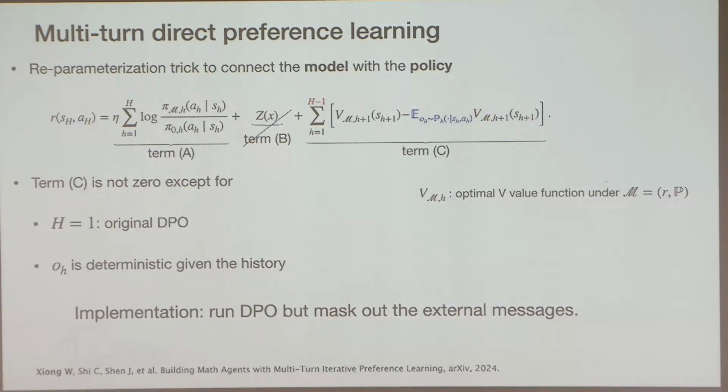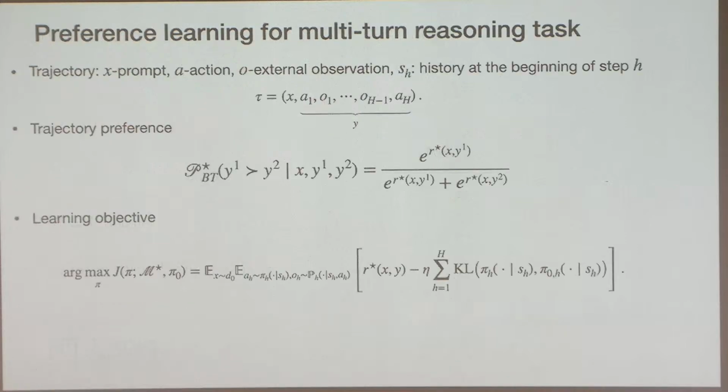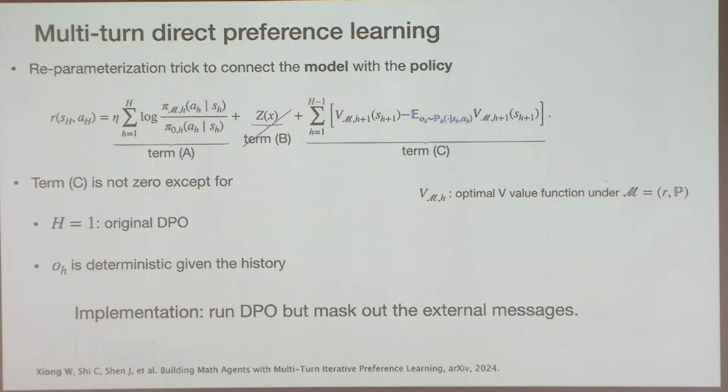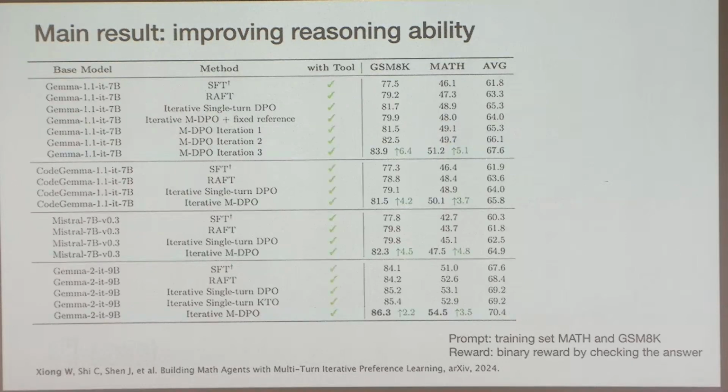But we can be a little more general: when we write down the code and see the execution result of the code, this is also quite deterministic in this example. So the takeaway message is that you just need to run a regular DPO but mask out the external message. We also do the experiment in an online iterative framework with the mathematical reasoning task.